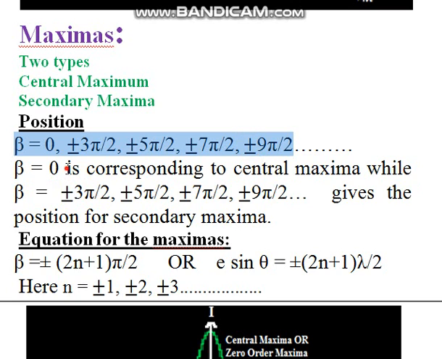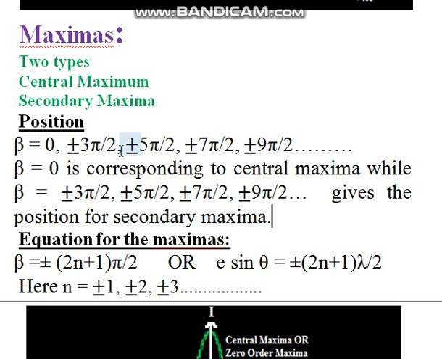Here beta equal to 0 means theta equal to 0, which gives the central maximum point, while the other beta values give us the positions of other maxima on either side of the central maxima. These other maxima are known as the secondary maxima.